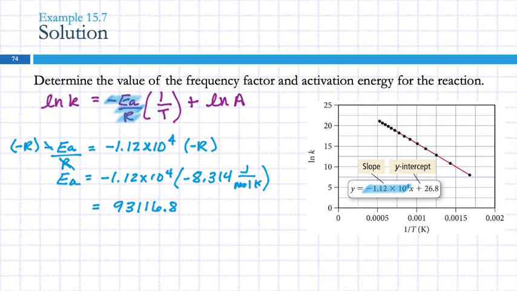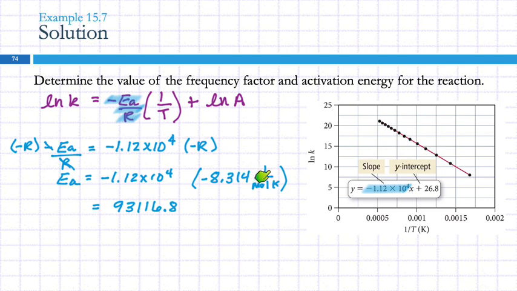What are the units? Well, that's a good question. I'm going to show you how this works, but if it doesn't make sense, that's okay. Activation energy should have energy units, right?